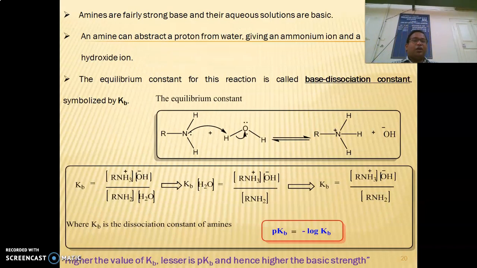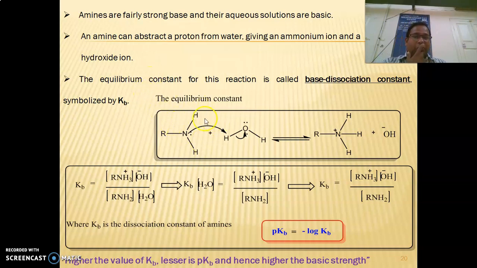So the basicity of the compound can be defined by taking the base dissociation concept. We know that amines are fairly basic in nature because of the presence of the non-bonding pair of electrons; it can donate the pair of electrons to the electron deficiency center.